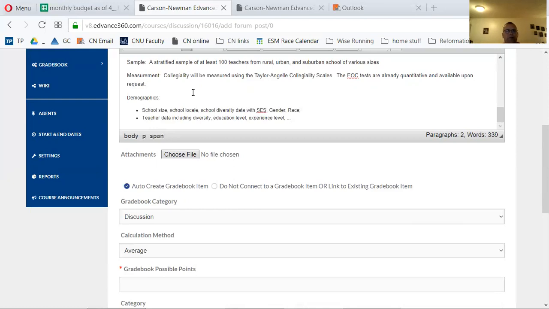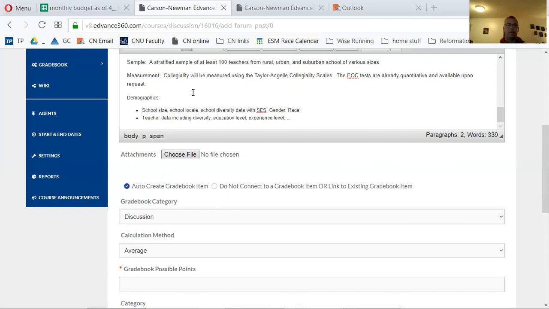Now, the other demographics are about the teachers. Is this a special group, or do they really represent the high school math teachers across Tennessee? So I'm going to include diversity of the teachers. The first part was the diversity of the students.